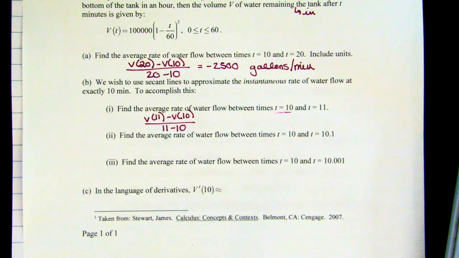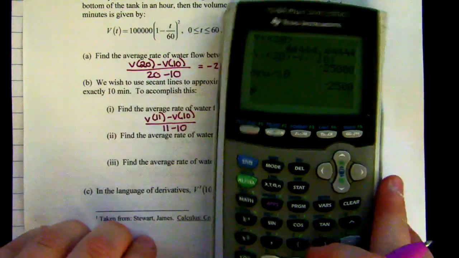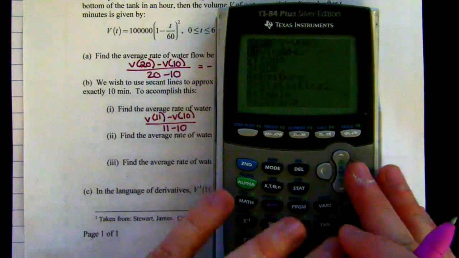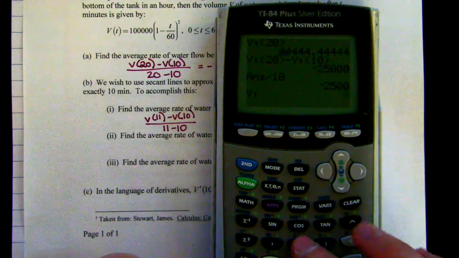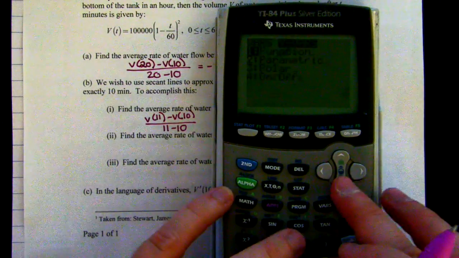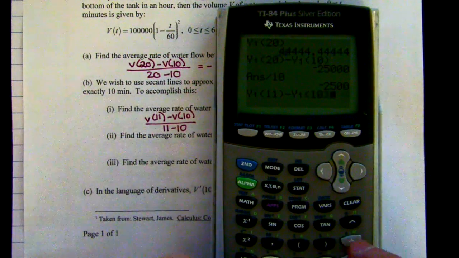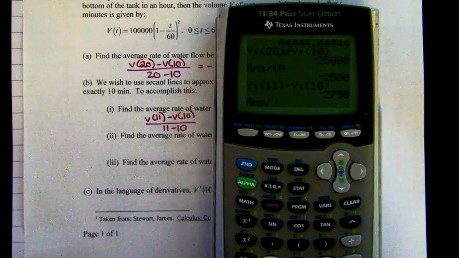Go to your calculator and see if you can get a number for this. Same way we've dealt with the other one. It's already stored in y1, so go to the calculator and see what happens. Okay, and make sure you're putting units on your answer. I'm going to do variables. Function y1 of 11 minus y1 of 10, divide by 11 minus 10.